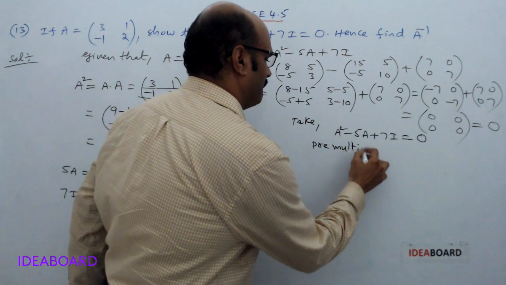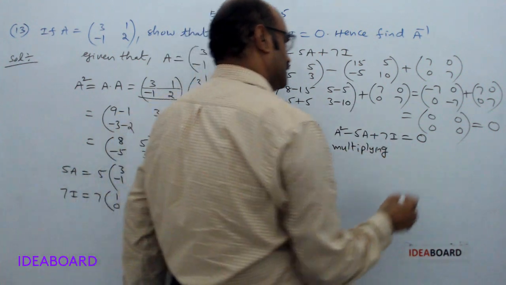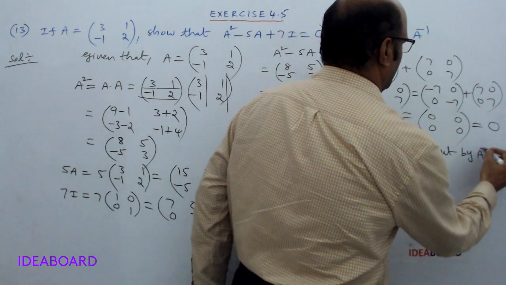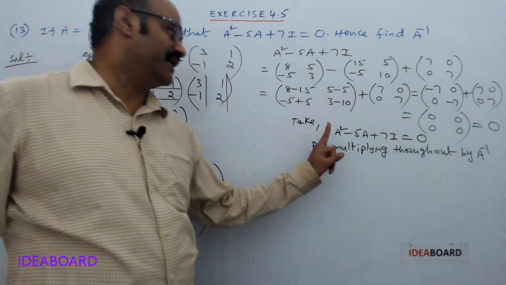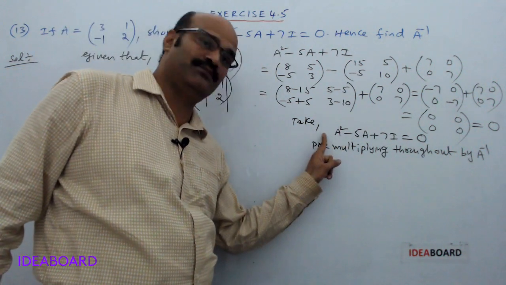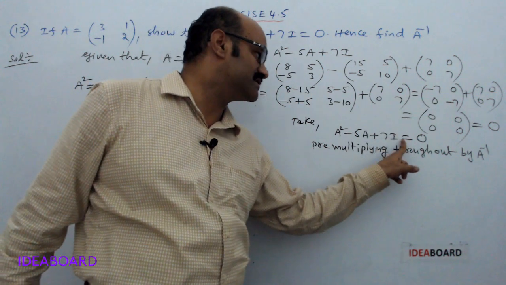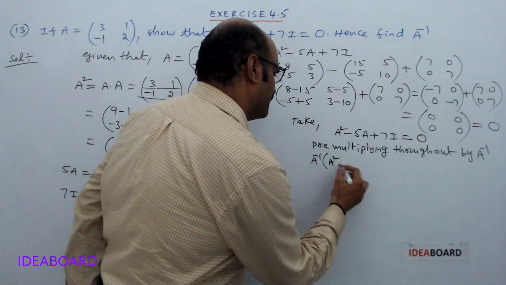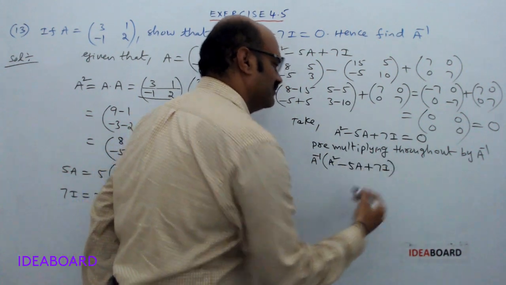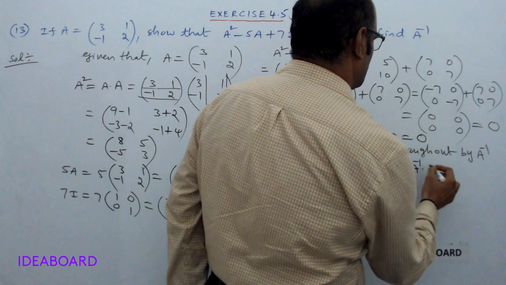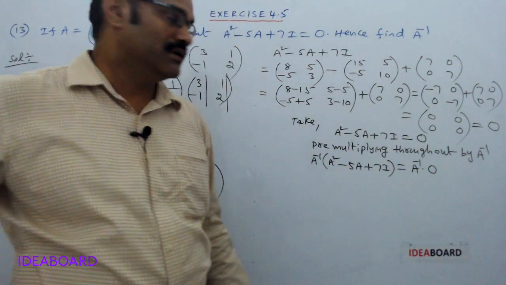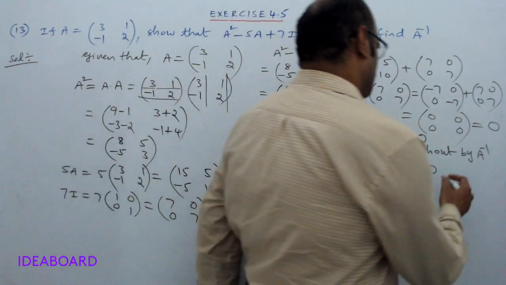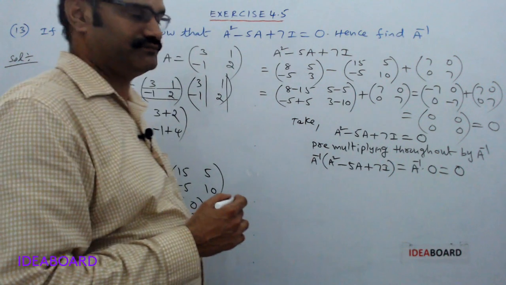Pre-multiplying means the left hand side of this, post-multiplying means the right hand side of this. Now A inverse into A square minus 5A plus 7I equal to A inverse into null matrix. If you multiply any matrix with null matrix, we get null matrix only.